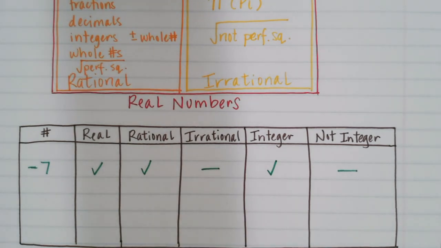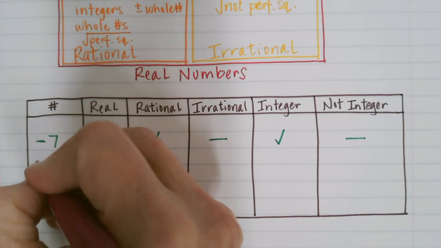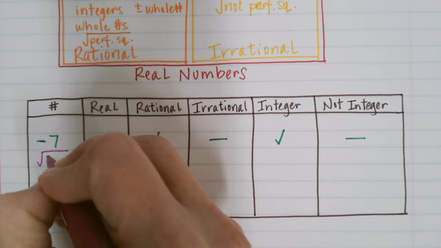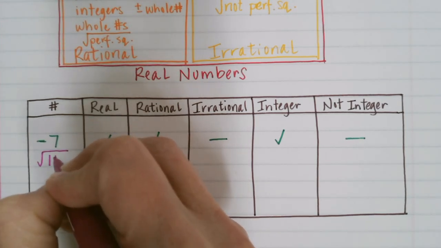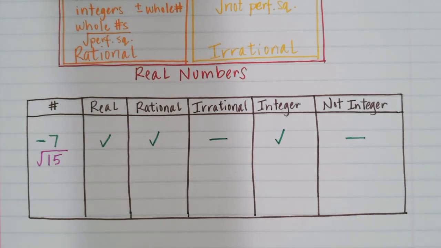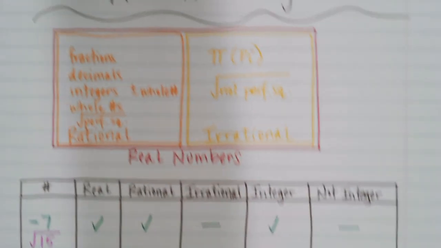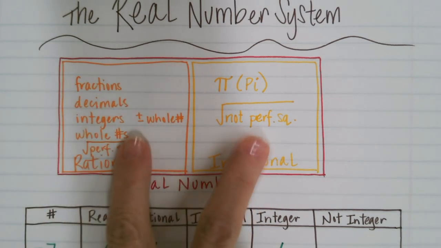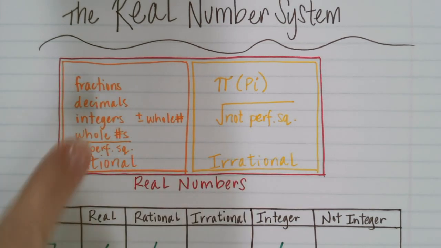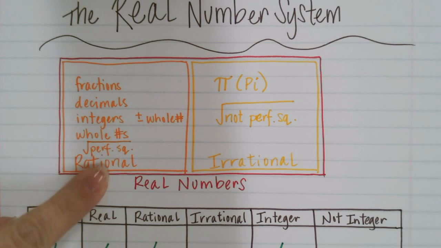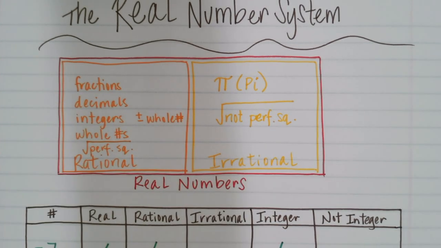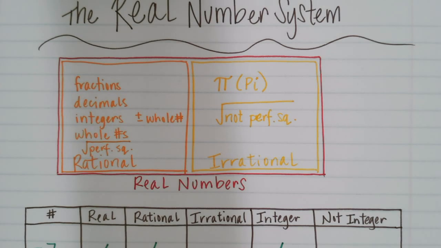All right. How about, let's do the square root of 15. Okay. So now let's think about which category does this fit into. So the question is, is the square root of 15 perfect or is it not perfect? If you remember, we made our list of perfect squares the other day.